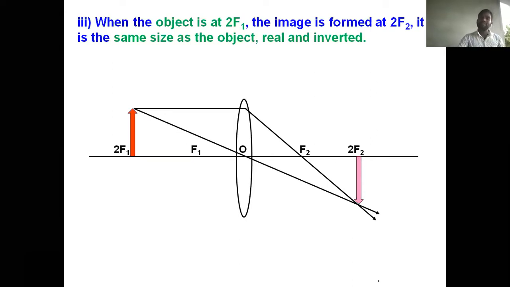What is the nature of the image? Inverted, so it is in the reverse direction. We get an inverted image, a real image we can see, and the same size as the object. So the image is the same size as the object, inverted and real. That is the nature of the image in this third case by the convex lens.